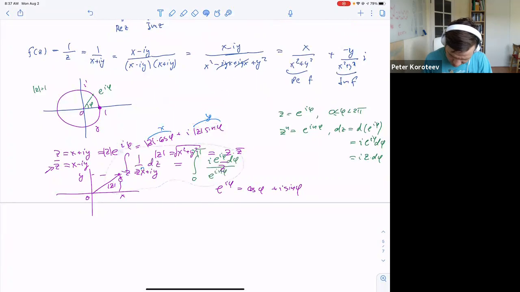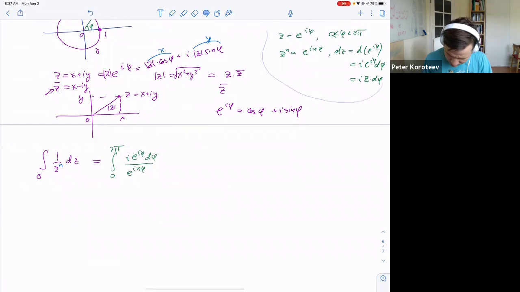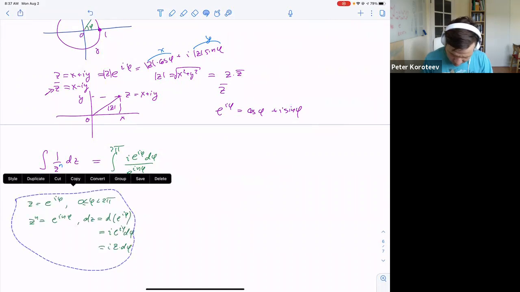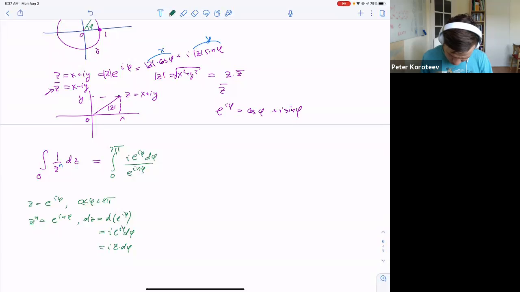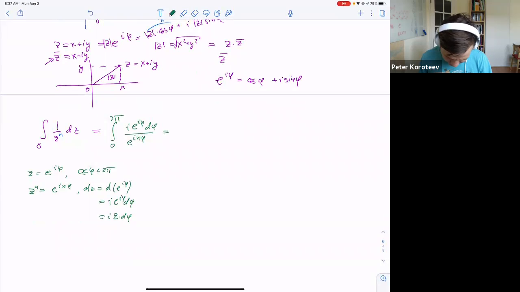You can just move things around. So we have this equal to, you can just simplify, the integral from 0 to 2 pi of i e to the minus i (n minus 1) phi d phi.